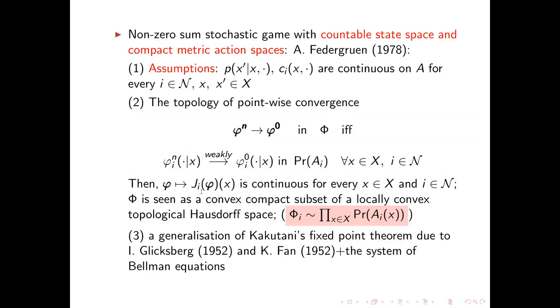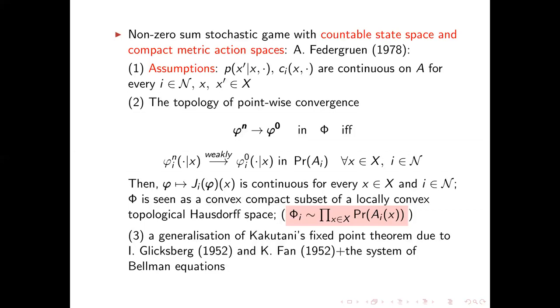And then he showed that the expected payoffs are continuous. He noticed that the set of stationary strategy profiles can be seen as a convex compact subset of a locally convex topological Hausdorff space. In other words, he identified the set of stationary strategies for player i with an infinite product of the set of probability measures on the action space of player i.